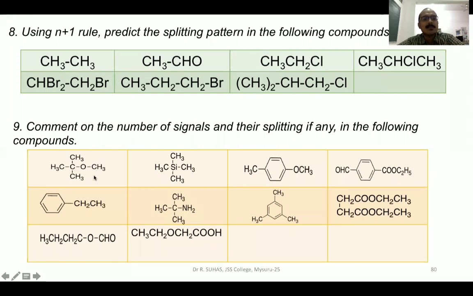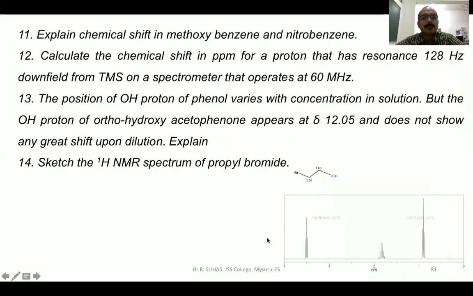So the number of signals will be 2, and for splitting, this will appear as a singlet, and this will appear as a singlet, because all the methyl groups are present in a single environment. There is no neighboring proton. 0 plus 1 is 1, that is a singlet. For this also 0 plus 1 is 1, that is a singlet. And this is TMS, tetramethylsilane. There is no splitting, but there will be only one signal in the compound. So solve by yourself. Let us see the next problem.